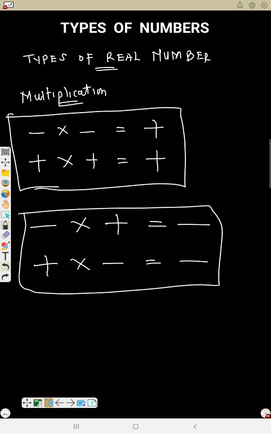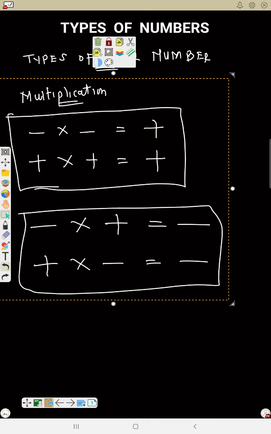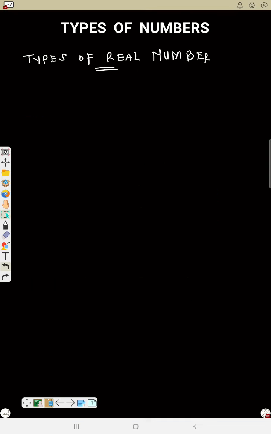So we've talked about even, but let's take it as a heading. Now, even number. An even number is an integer that is evenly divisible by 2.